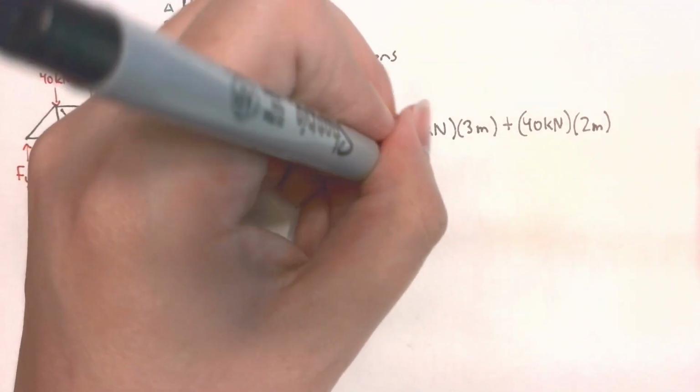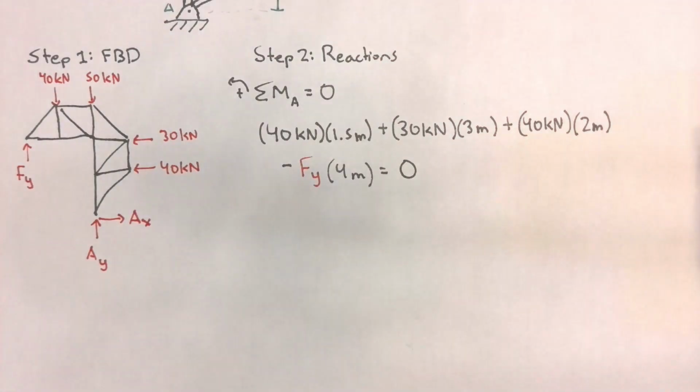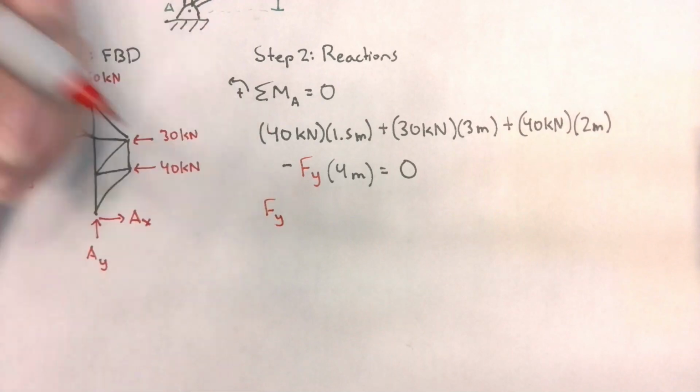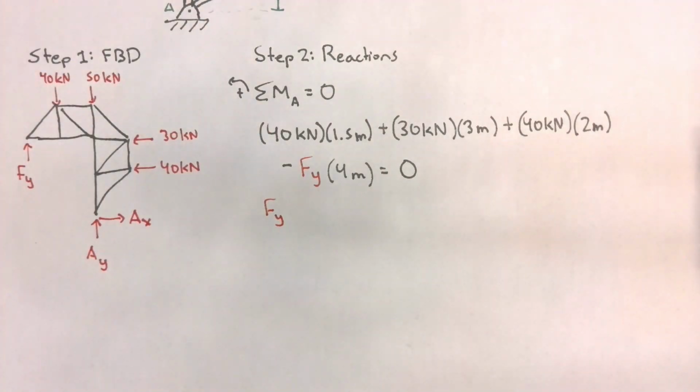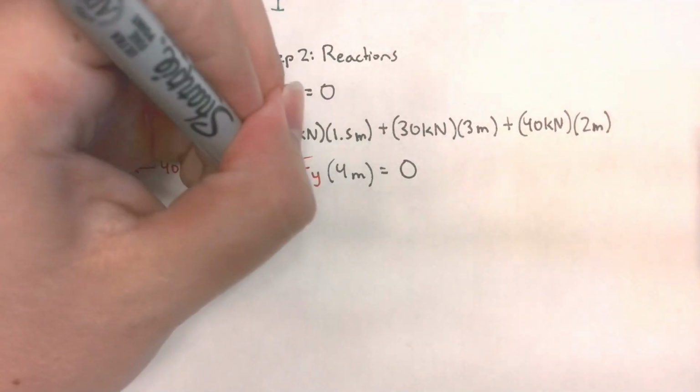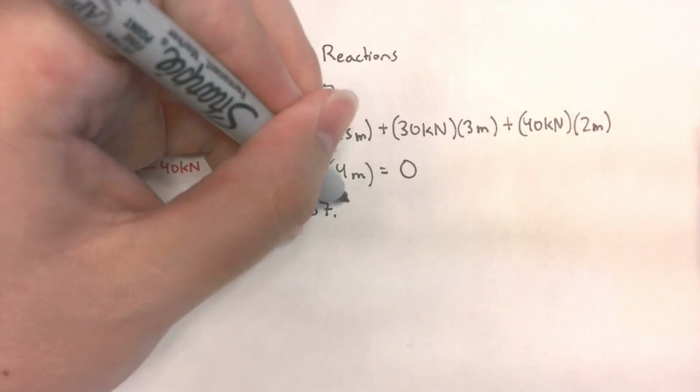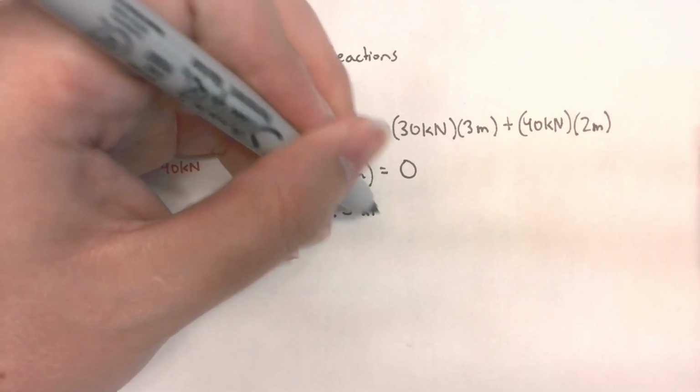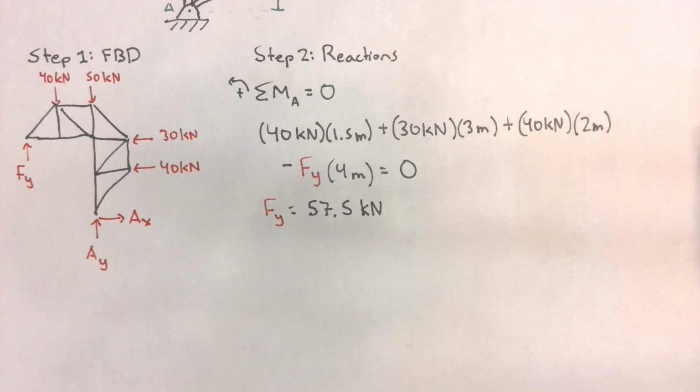This should be equal to 0. So we have this big equation for moment, but only really one unknown. So I can just solve for my force Fy, and I'm going to get that Fy equals 57.5 kilonewtons.